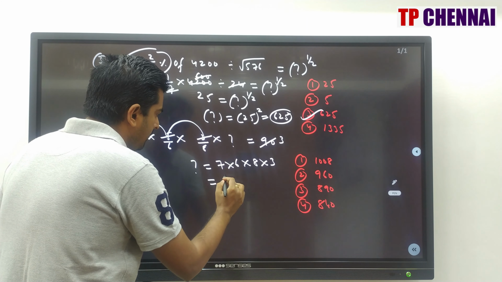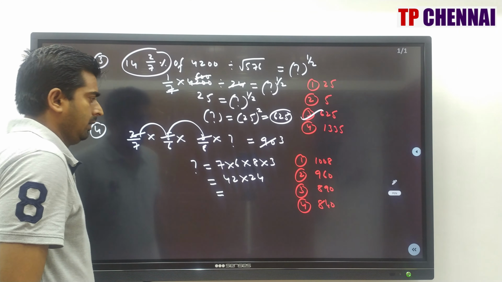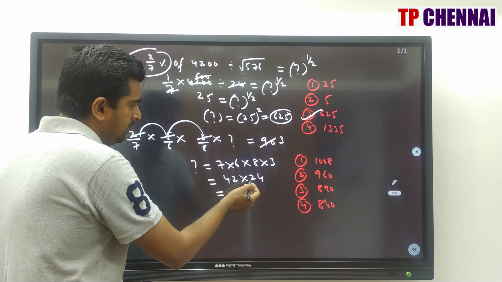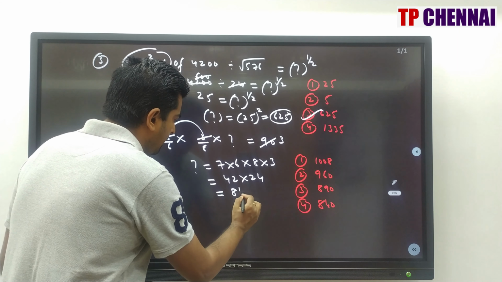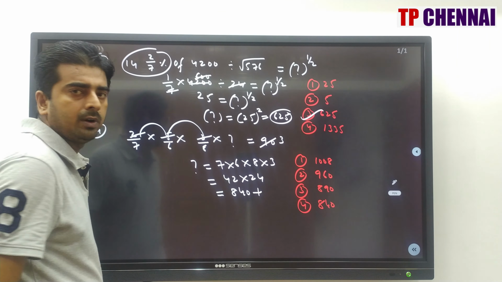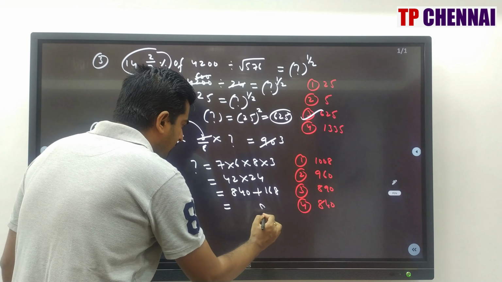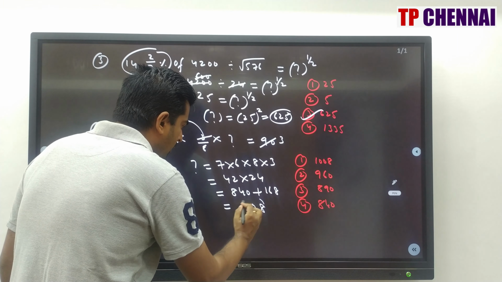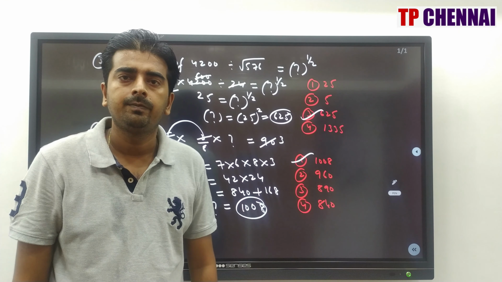So 42 into 24. First multiply 42 with 20, so this is 840. Then multiply 42 into 4, 168. So what is the answer? 1008 is my answer, which is first option.